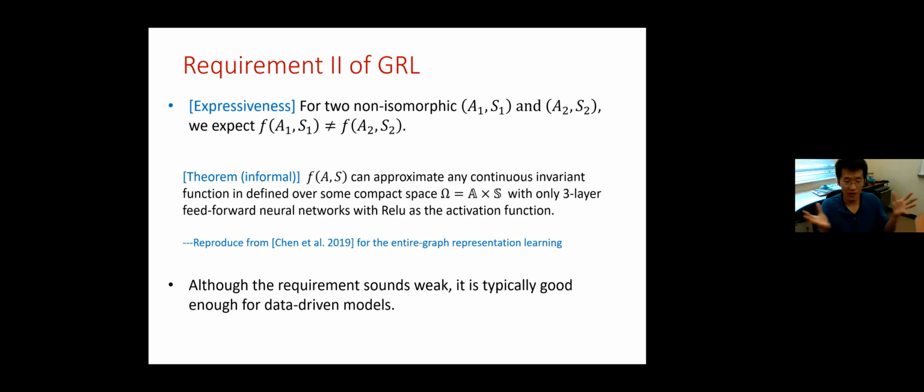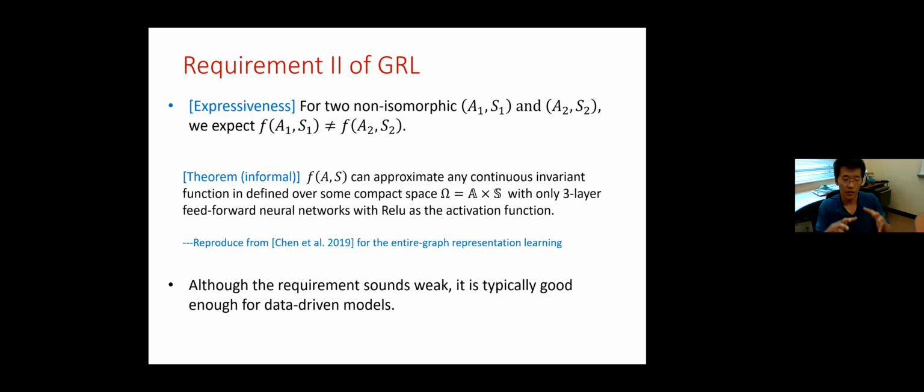Especially in our data-driven scenario, the good thing is we may prove that as long as the learned representation can distinguish non-isomorphic tuples or structures, we may expect a neural network that can transform this learned representation to approximate any continuous invariant function defined over some compact space.